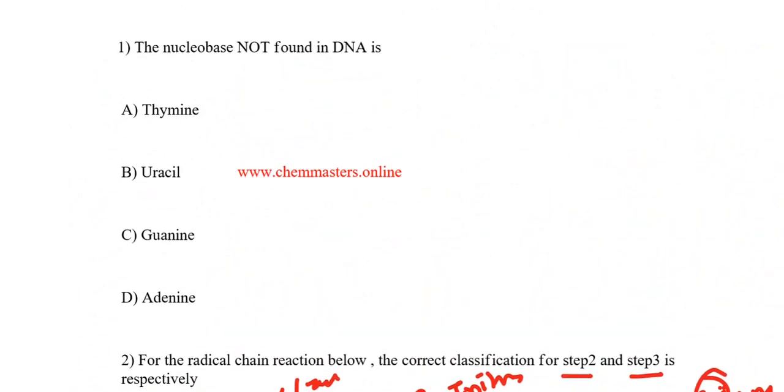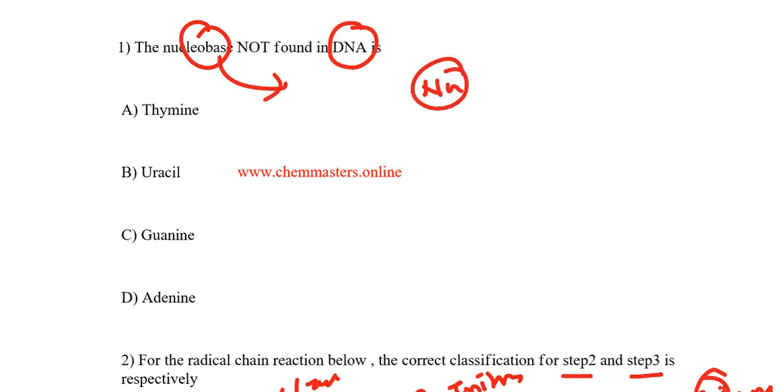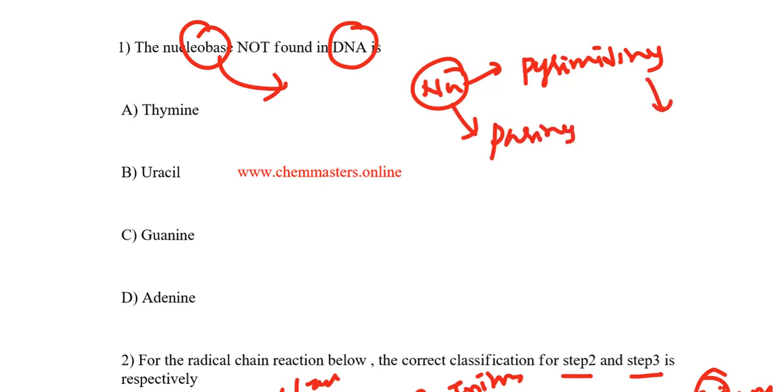And next question: the nucleobase not found in DNA. First thing, nucleobases. Here we have two kinds of nucleobases: one type is pyrimidines and the second type is purines. Pyrimidines contain cytosine, thymine and uracil.